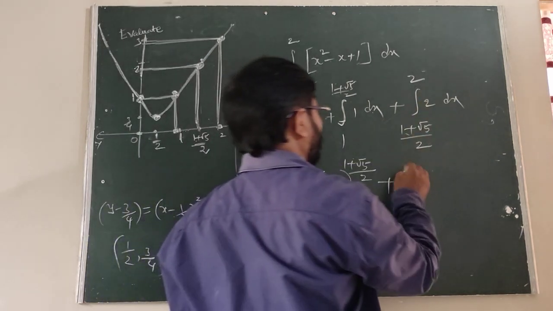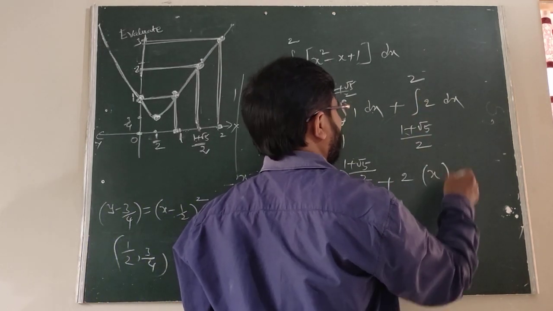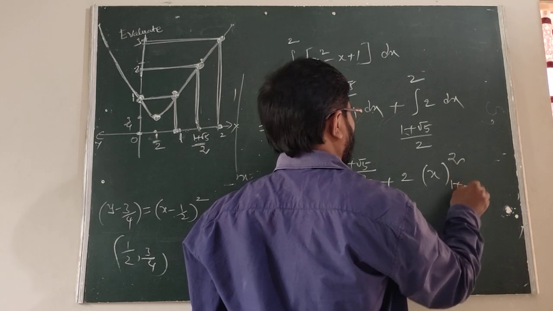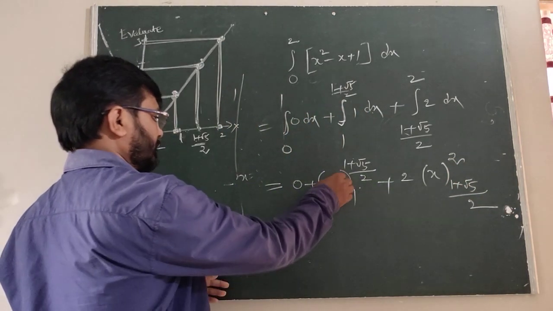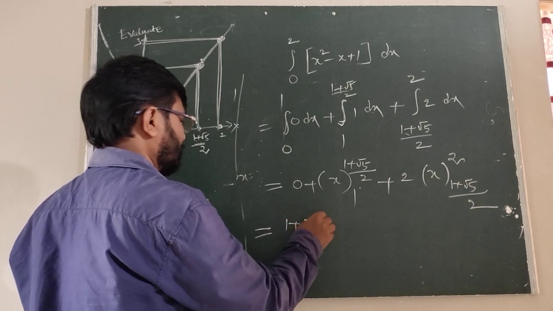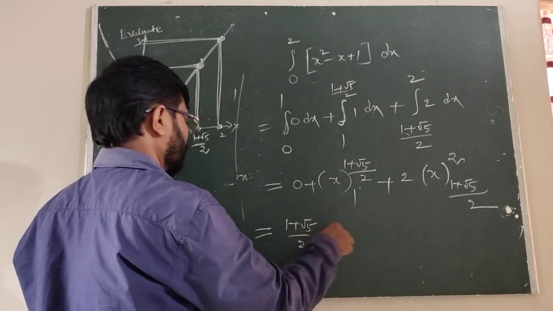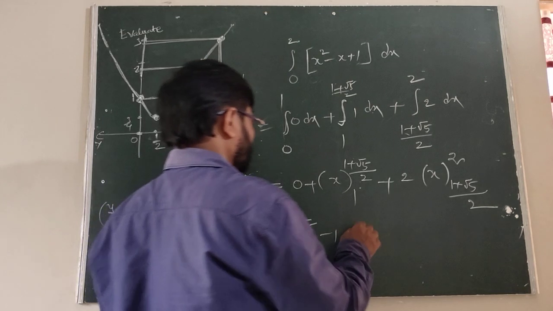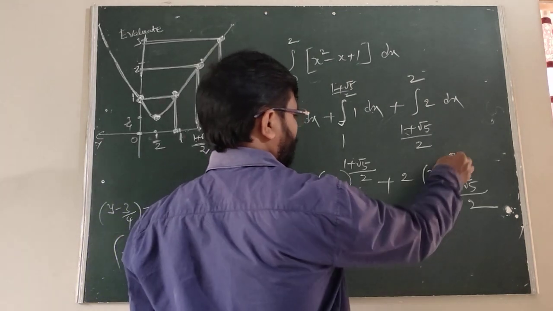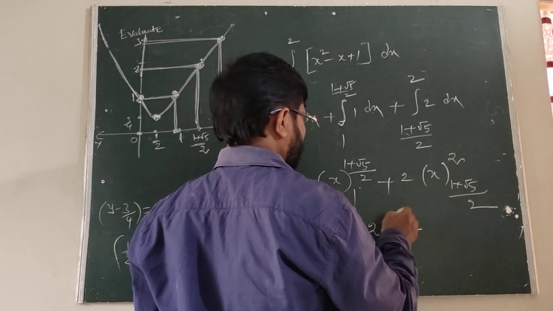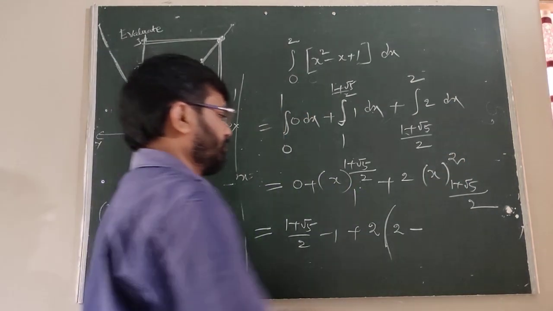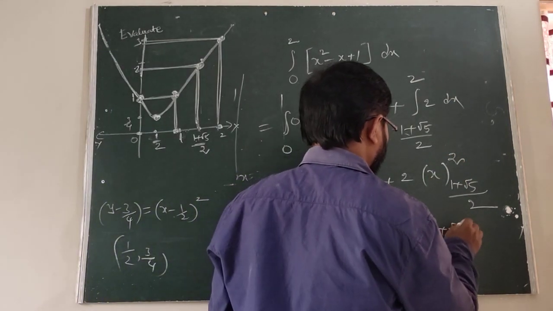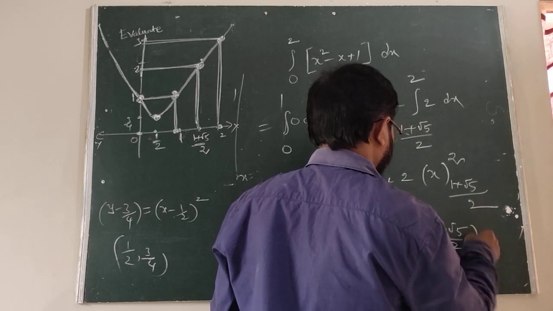Now this is 2 into x. Now we can write 1 plus root 5 by 2, then you can write here 1 plus root 5 by 2 minus 1. Now this is 2 into, 2 minus of the upper limit, put x equal to 2, minus 1 plus root 5 upon 2.